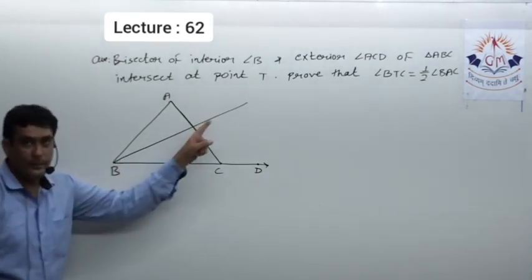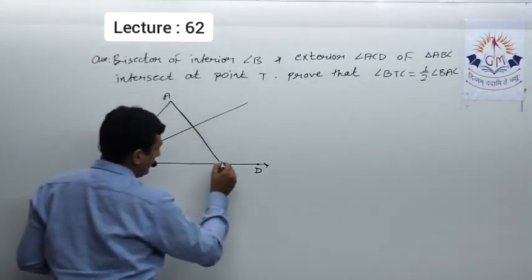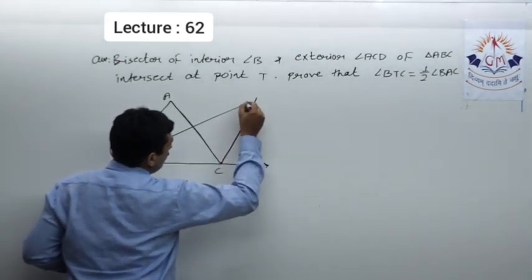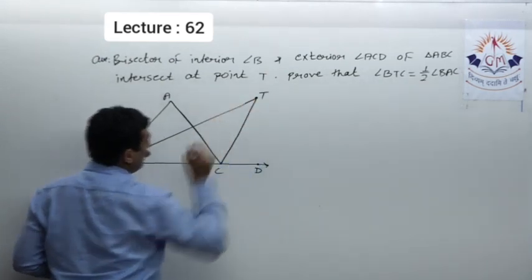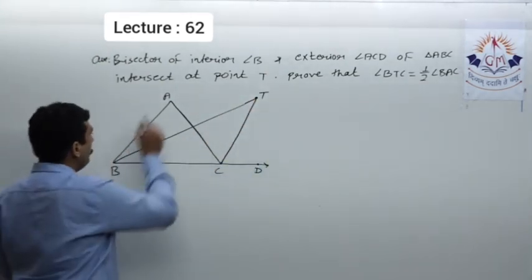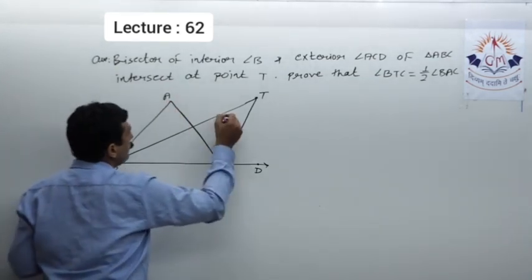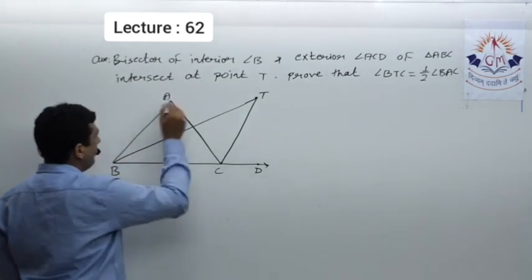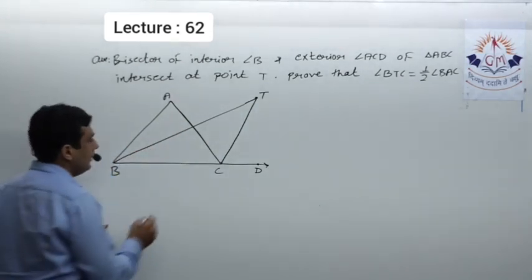This is the exterior angle. These two are meeting at point T. So you have to show that angle BTC is equal to half angle BAC.